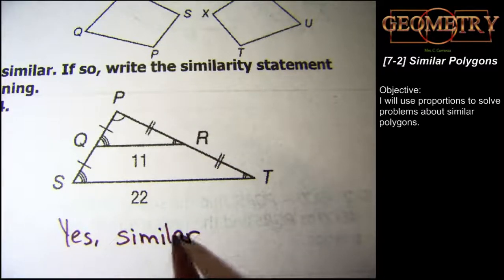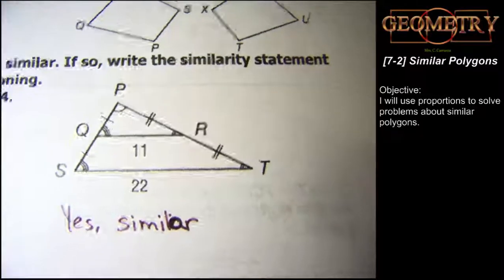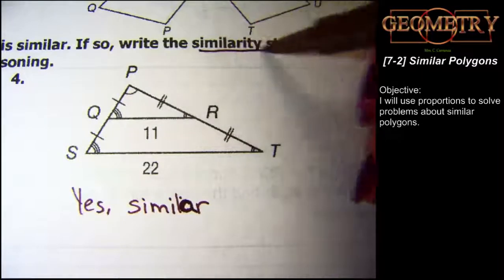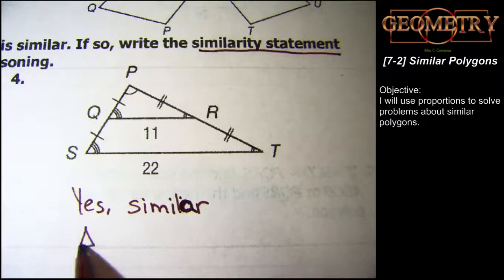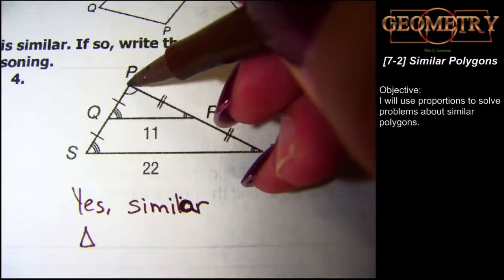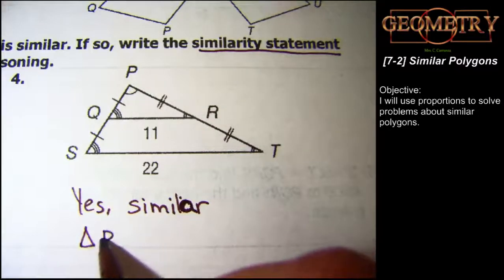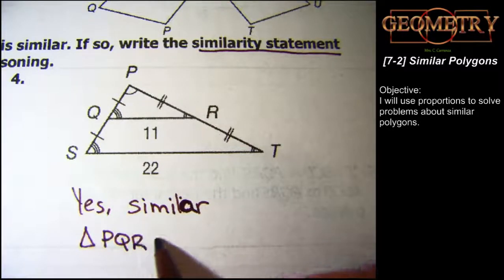Similar. No, I spelled it right the first time. Okay. I don't have to write the reason, but I do have to write the similarity statement. So triangle, I'm going to go with the small one first. PQR. It doesn't matter which triangle you pick. I just happen to pick the small one.